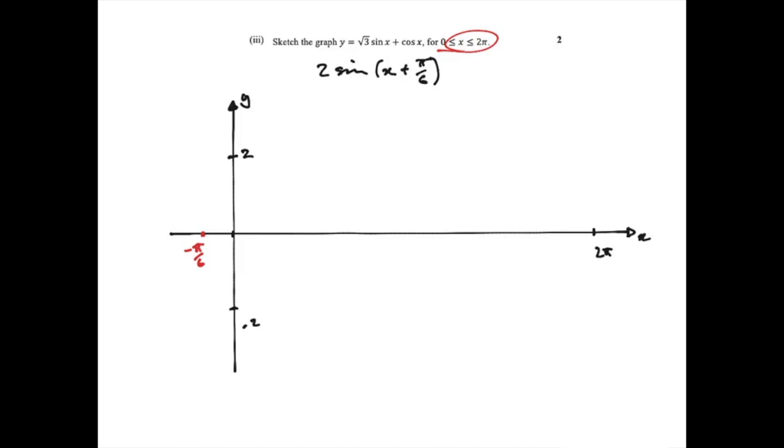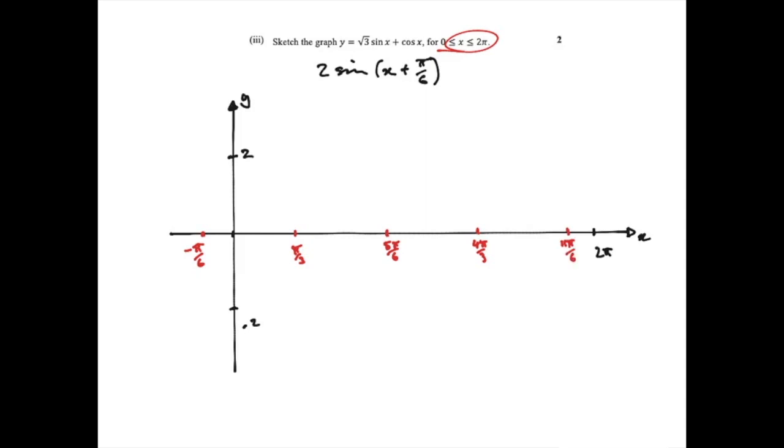So if I add pi on 2 to negative pi on 6, then I get pi on 3 and 5 pi on 6 and 4 pi on 3. My last one's going to be 11 pi on 6.